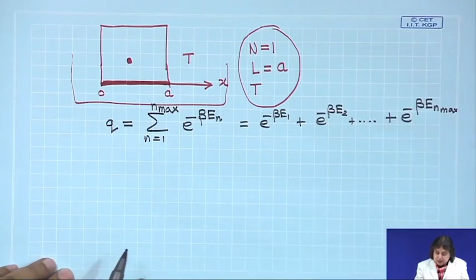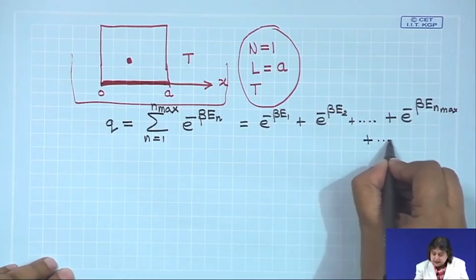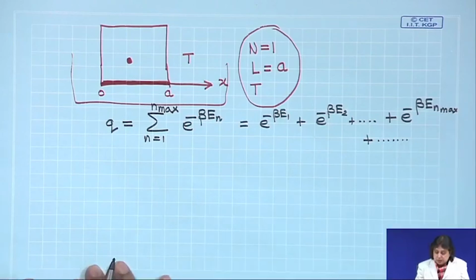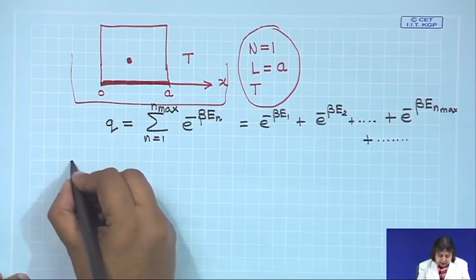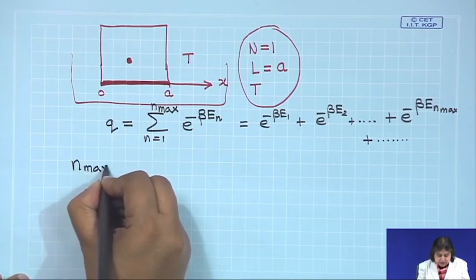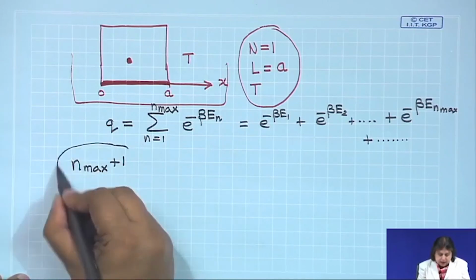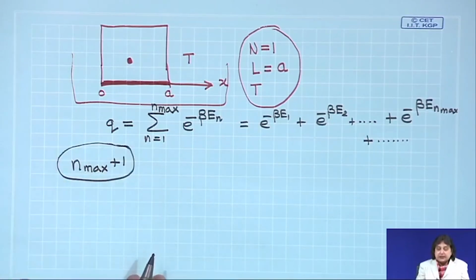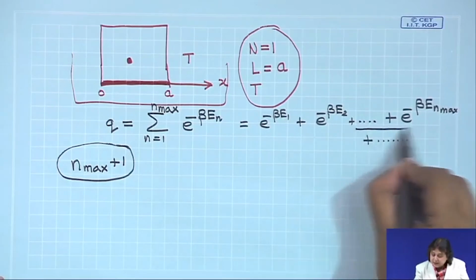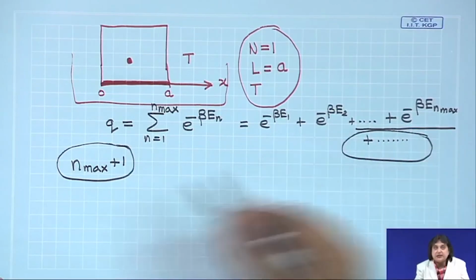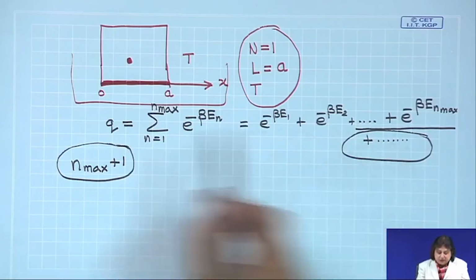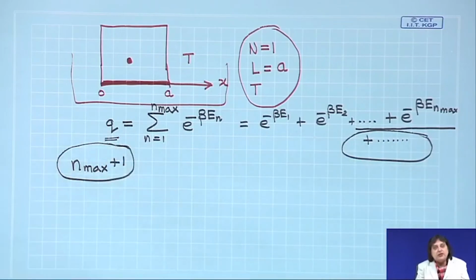If that is so, then there will be other terms as well which will correspond to values of n greater than n max, something like n max plus 1. Now, if it so happens that I can truncate it at this position and ignore any of these terms, that will give me a rather accurate numerical evaluation of this summation, and thereby an accurate estimate of small q.